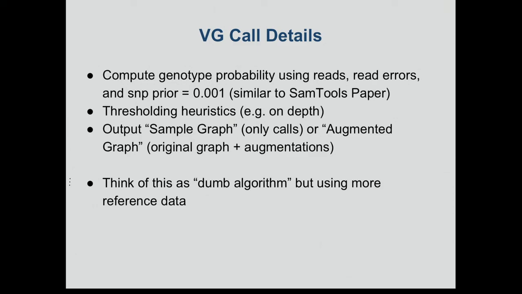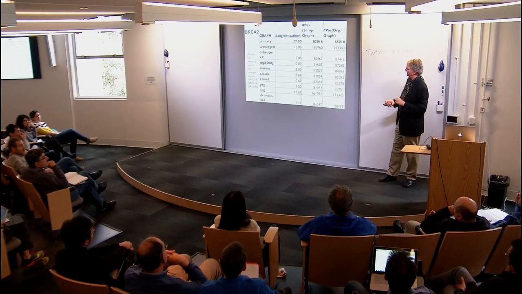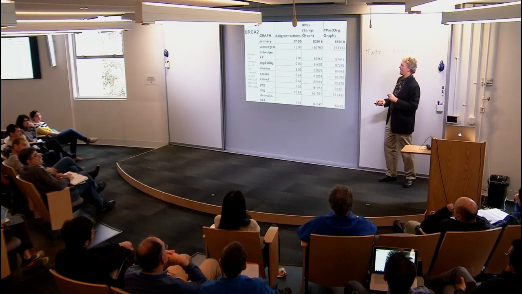Okay, so I won't go into the details of how the calling algorithm works. Suffice to say, it is a very, very simple calling algorithm that was roughly illustrated on the previous slide. Yeah? General question, this is all for haplotypes or genotypes? So we are counting here basically genotype calls at this point.